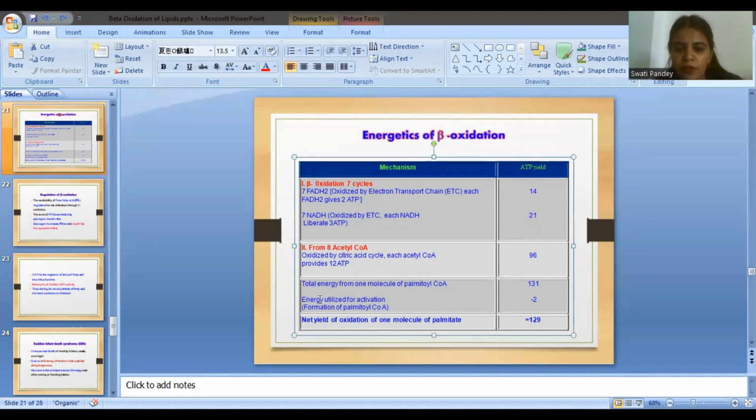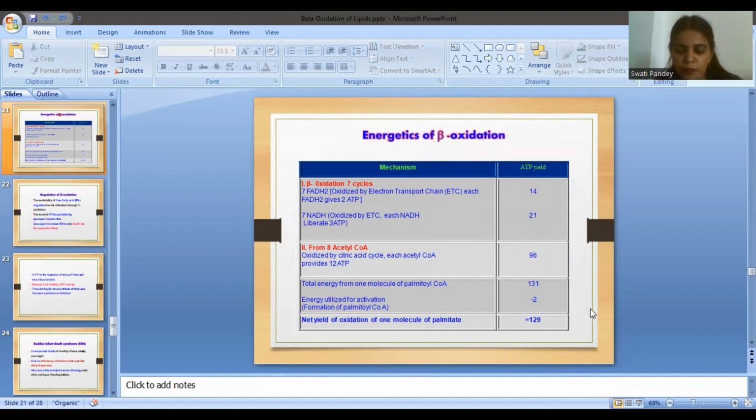Now for the utilization, as we saw in the first step, 2 molecules of ATP were utilized for the activation of the palmitoyl coenzyme A. So we'll deduct those 2 ATP. So ultimately, the net yield of oxidation of one molecule of palmitate will give 129 ATP molecules. So this is the energetics of the beta oxidation.